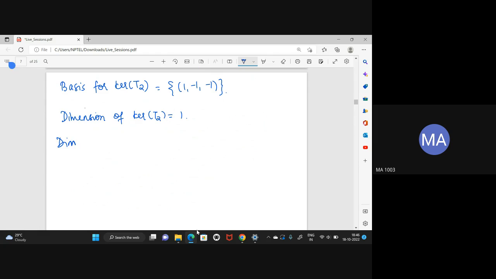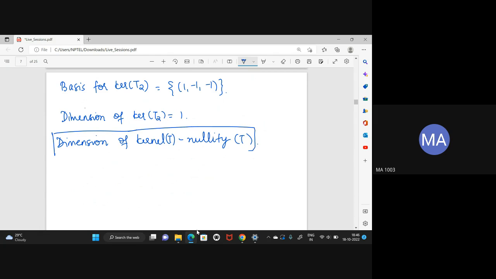The dimension of the kernel of any linear transformation is called the nullity. I said subspace, right? I know that the kernel is always a subspace, and I can find the dimension of a subspace.